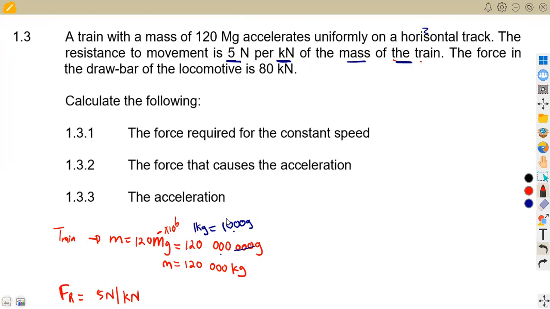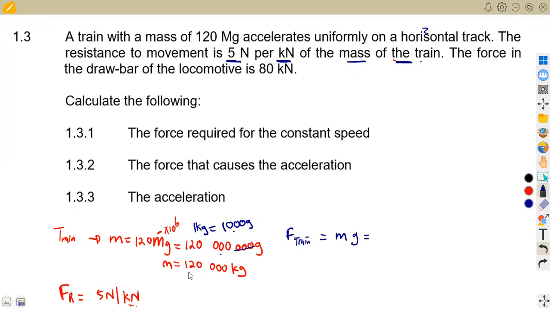Because kilonewton means force, we need the force affecting the train, which is going to be mass times the acceleration, in this case the gravitational acceleration.